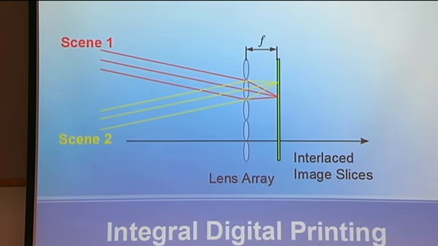So how is this done? Well, we have in effect our phase space detector. We have the different images that we want to encode. We slice them, interlace them, and put them behind a microlens array. Depending on the angle from which we are viewing this, we pick up the slices from one image or from the other image. And that gives us this nice effect.